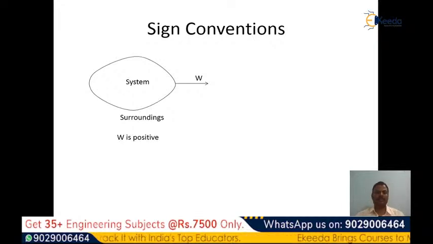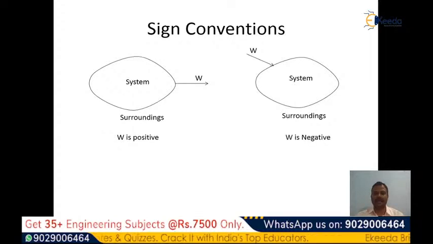For example, if you take a turbine, high pressure steam enters the turbine, expands in the turbine and does work upon the turbine blades, which will produce work, and low pressure steam comes out. Here work is done by the turbine, and the turbine is the system. So work done by the system is taken as positive, and work done on the system is taken as negative.